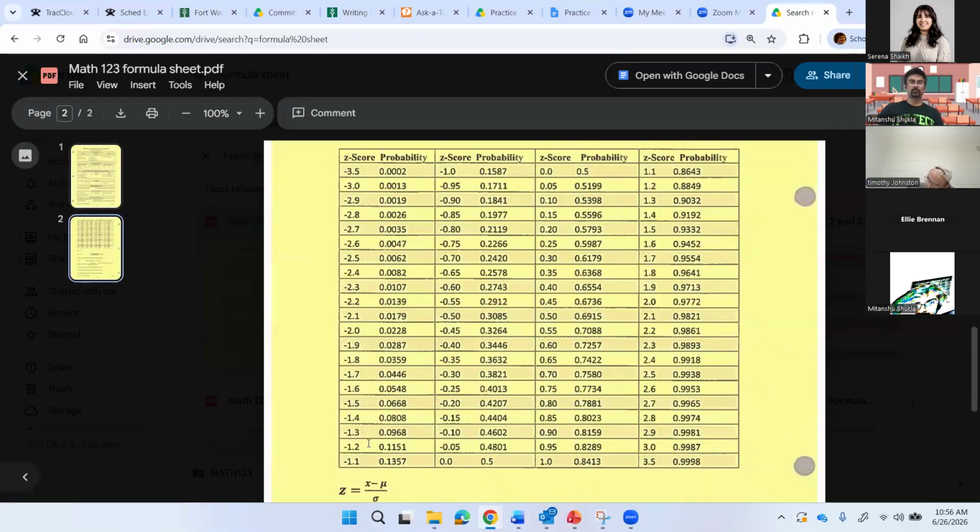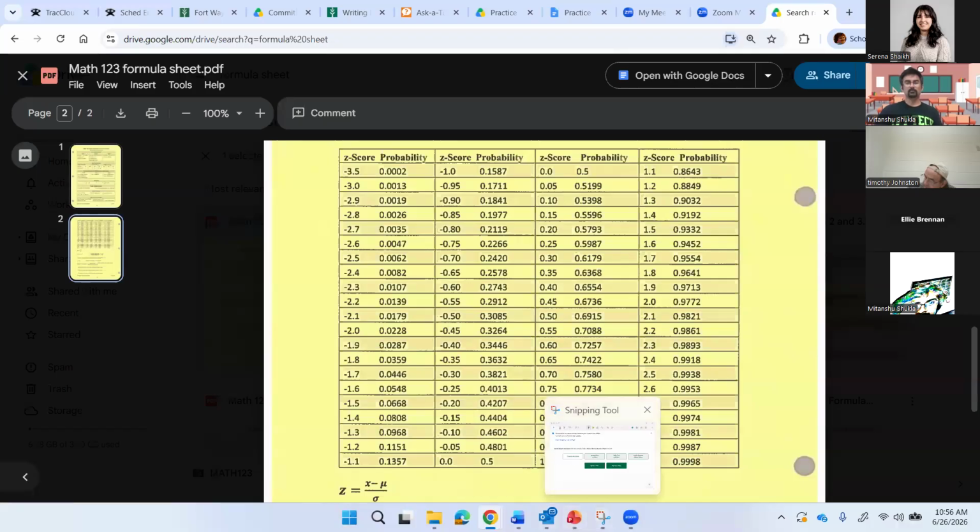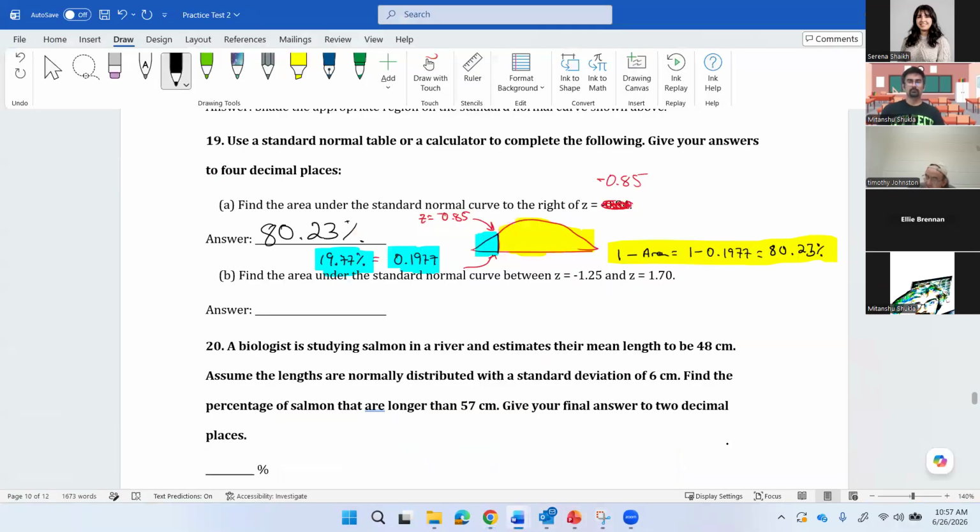Negative 1.25 is 0.1056. And what is positive 1.70? 1.70 is 0.9554. Thank you, sir.